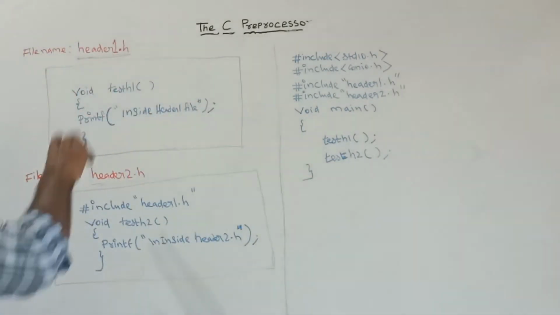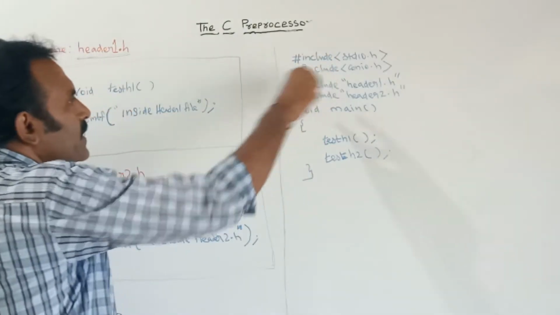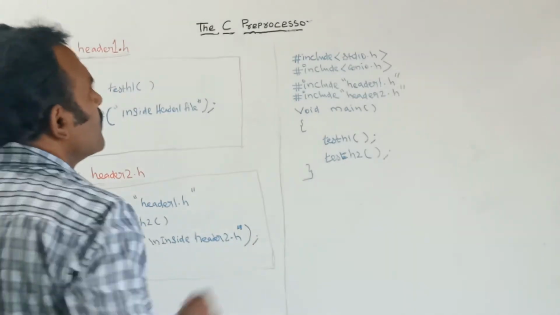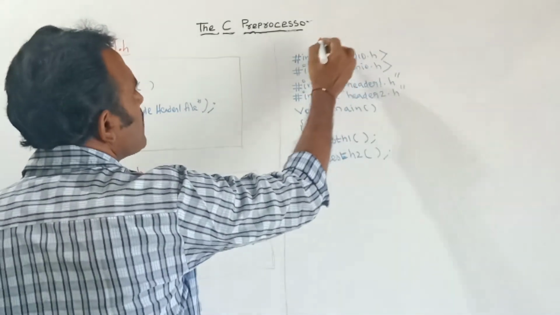I am creating the two header files and I am including those header files in the source code. Let us assume this source code name is test.c.